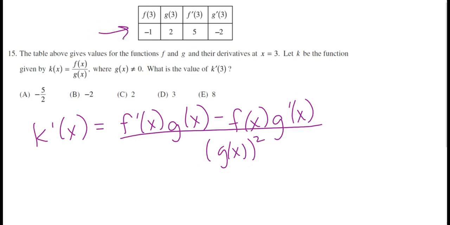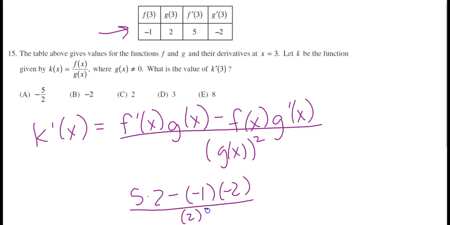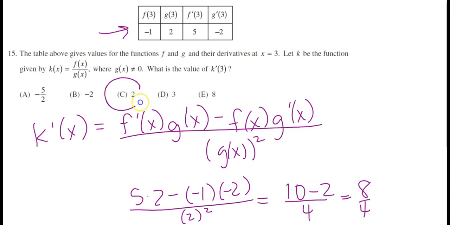So f prime is 5 times g is 2, minus f is negative 1, g prime is negative 2, all over g of 3 is 2, and then we want to square that. All right, 5 times 2, 10, I see 3 negatives there, so that's minus 2 over 4. There it is.